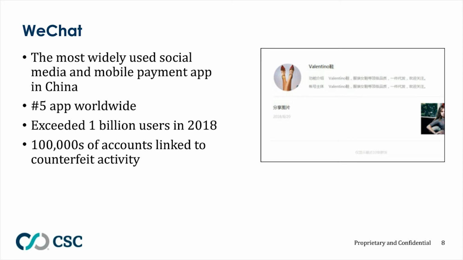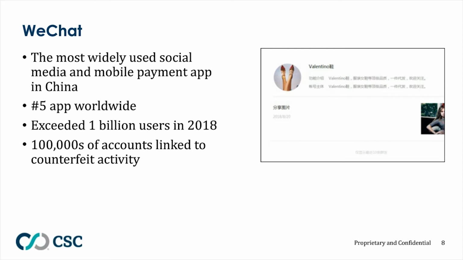So let's take a look at WeChat, a channel that many of you on this webinar may already be familiar with. For those of you that aren't, it is the most widely used social media and mobile app payment channel in China. It's a kind of hybrid between an app and a social media channel. It has a lot of counterfeiting activity, hundreds of thousands of accounts linked to counterfeit activity, and it's definitely one of the channels of choice for counterfeiters.